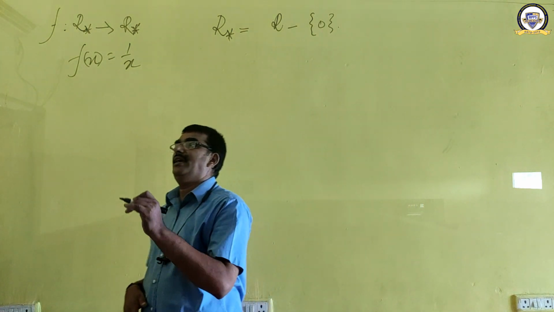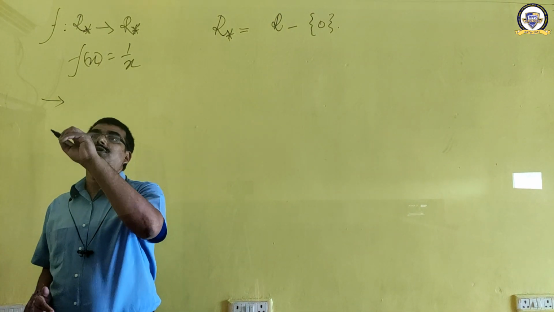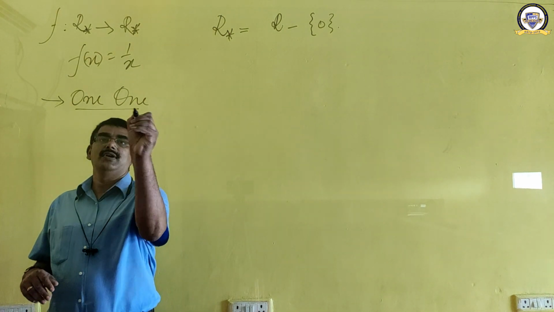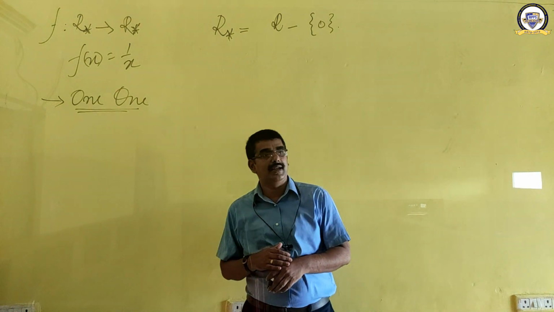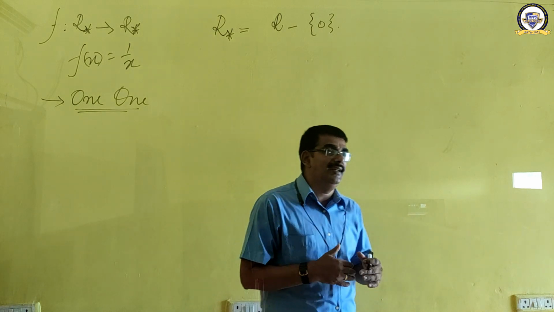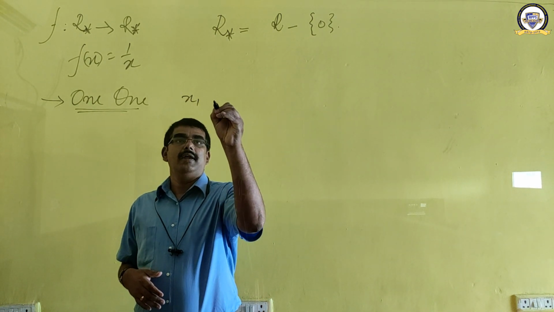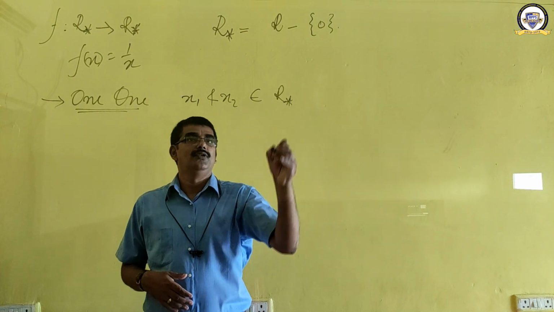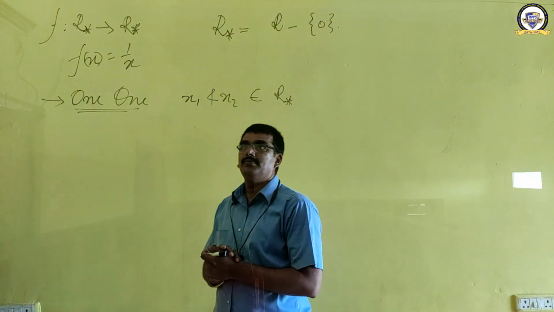For that, the first case which we have to prove is whether it is one-one or not. According to the explanation in your theoretical classes, third session, if you want to prove that the function is one-one, we have to take two points, x1 and x2, that belong to R star.